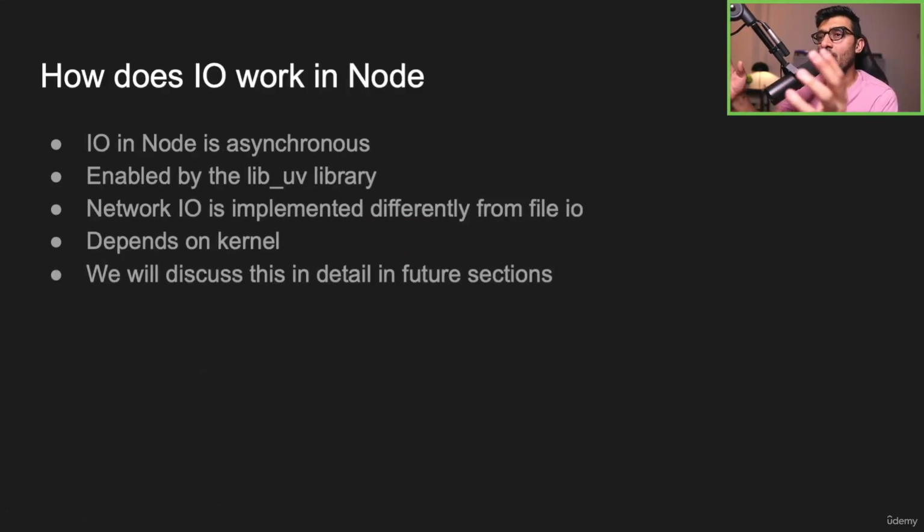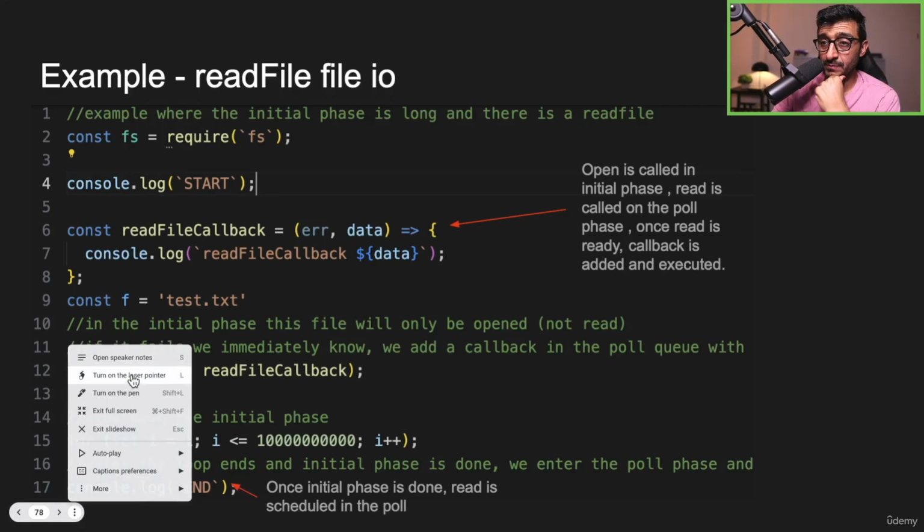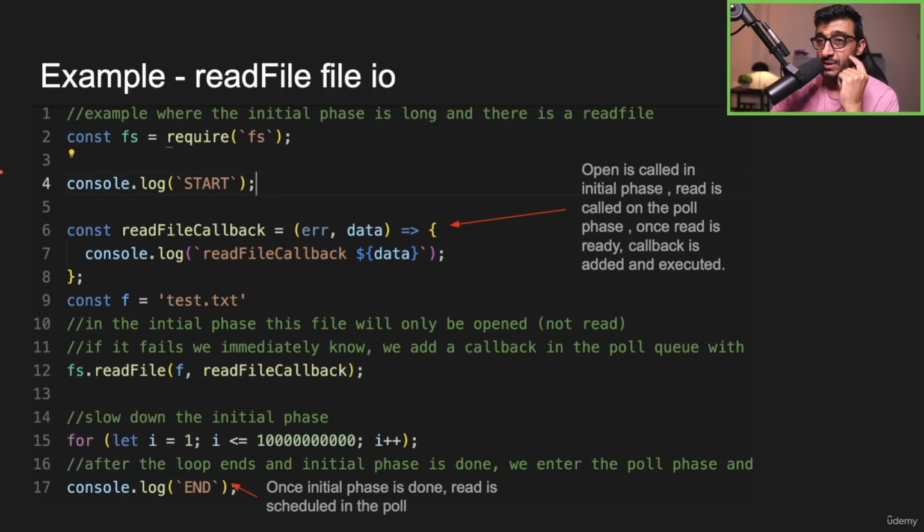Okay, so how does I/O work in Node? Node is completely asynchronous, i.e., what does that mean? We can take an example here. I can explain what asynchronous means. We know what asynchronous means, right? So here's an example.